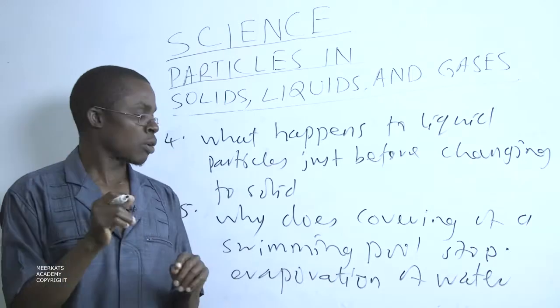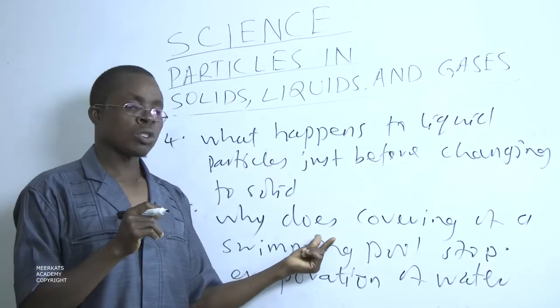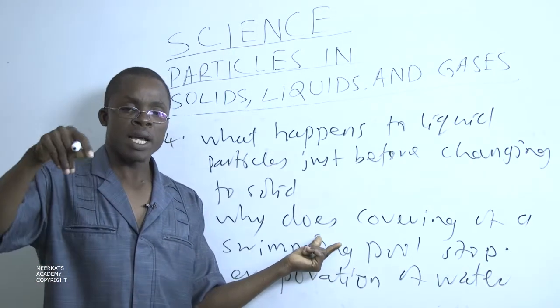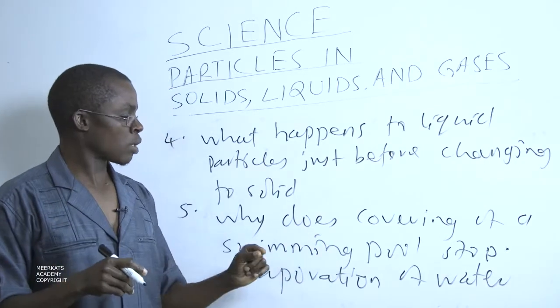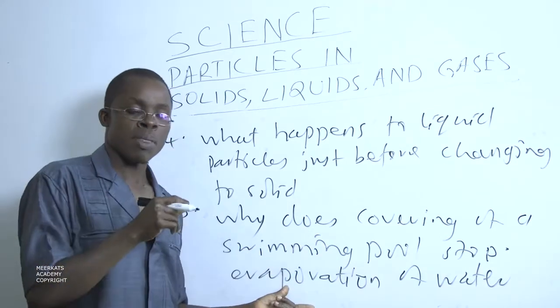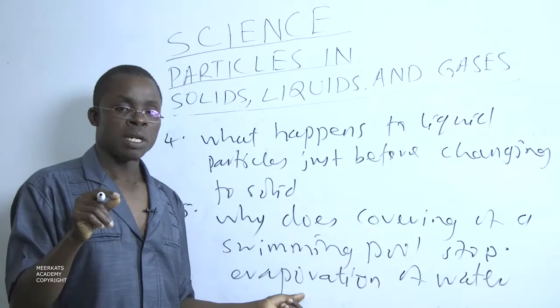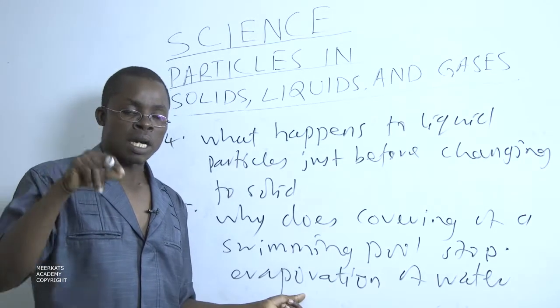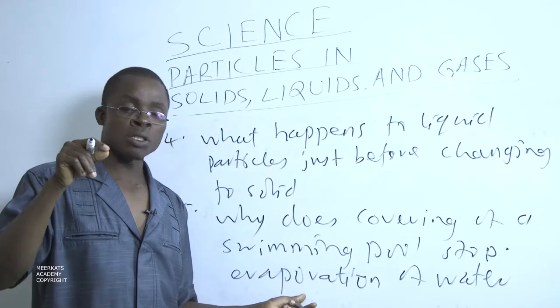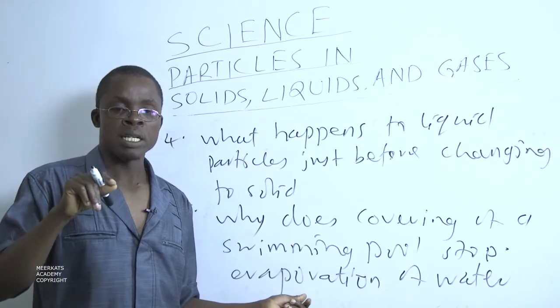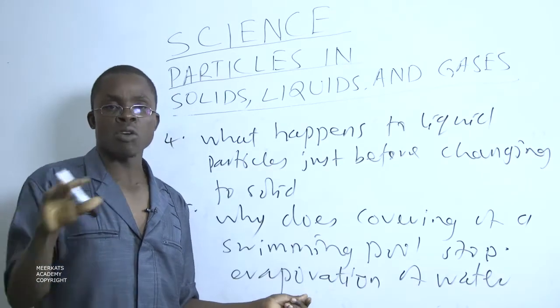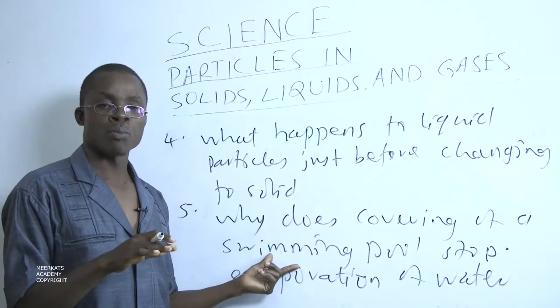By doing so, you stop any infusing of energy to the liquid particles in the water, because water is a liquid and it has particles, and those particles can acquire heat energy. That heat energy is being cut off by covering the swimming pool.